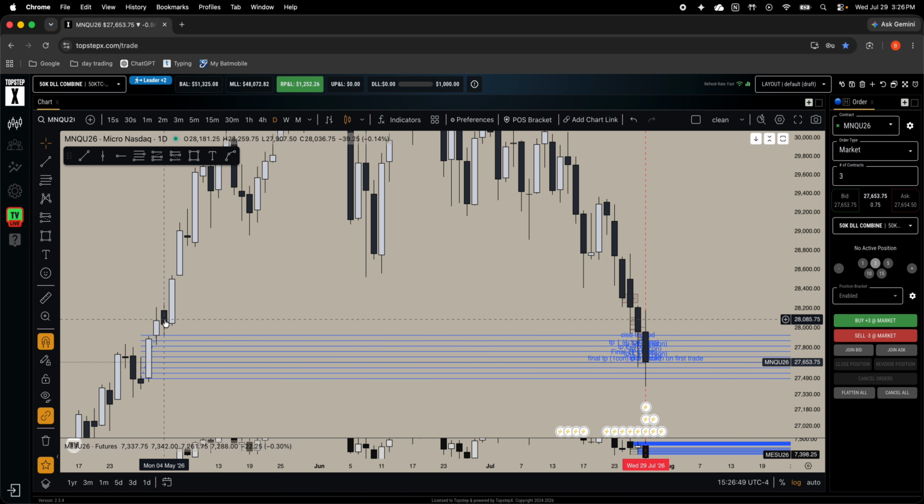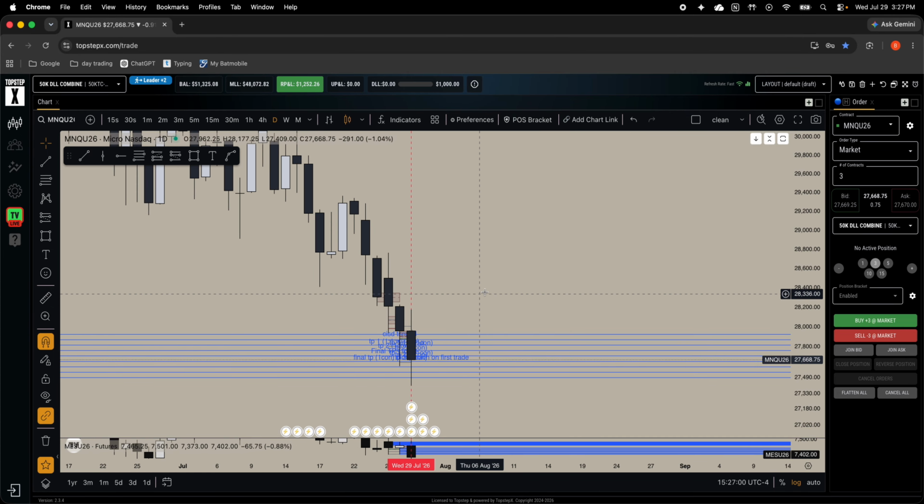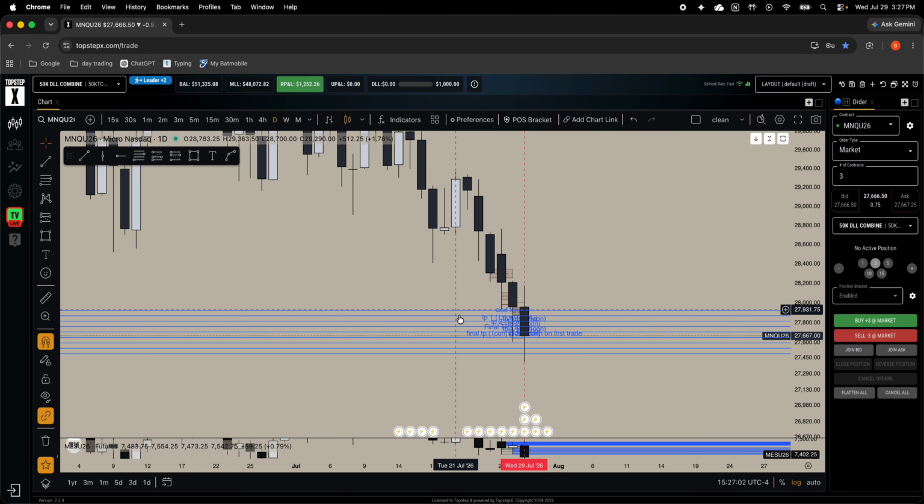But we traded into this order block. And so you see how the body respected that and then traded down. And then the next day it traded down into the suspension block here.